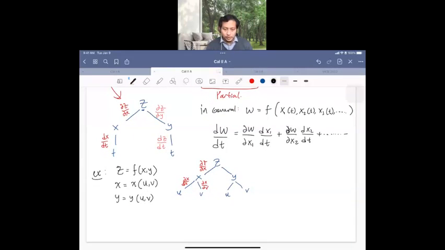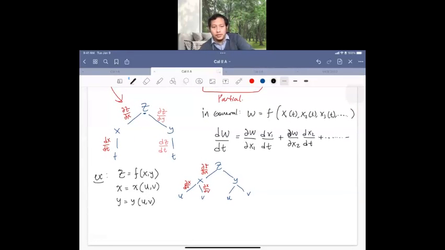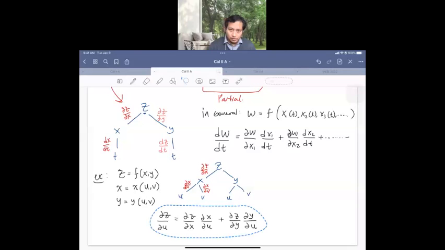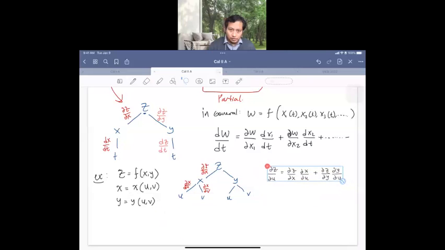So if we are going to have the chain rule for, let's say, z with respect to u or with respect to v, for example, dou z dou u will be dou z dou x dou x dou u, plus dou z dou y dou y dou u, and all will be partials. For the other one, dv, we have dou z dou x dou x dou v plus dou z dou y dou y dou v.